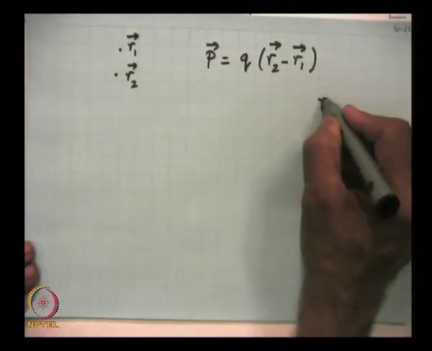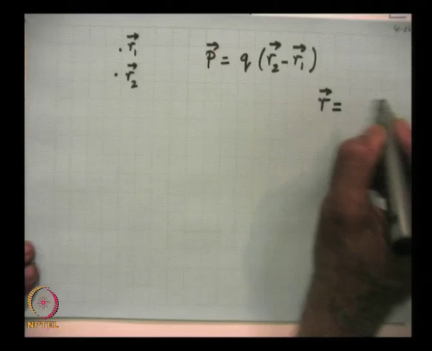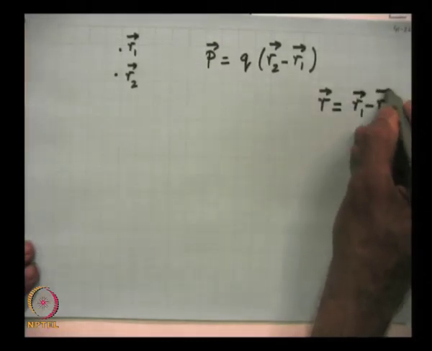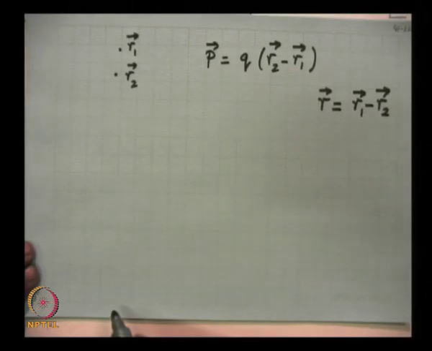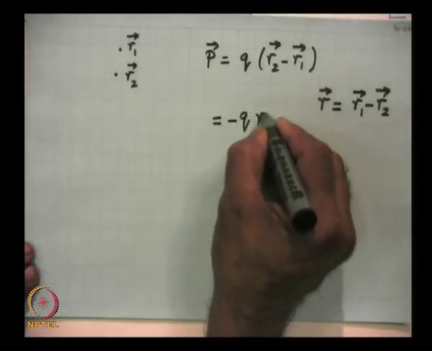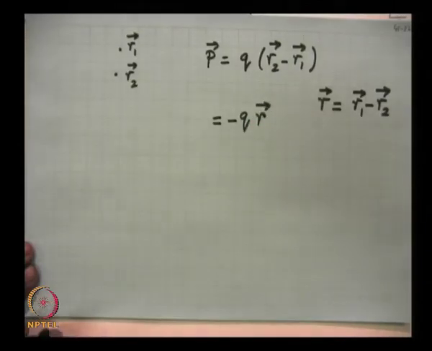So, if I write down the relative vector of the electron with respect to the proton, this is the relative coordinate that we had introduced while solving the hydrogen atom problem. So, this will be minus q r, this is the dipole moment of the hydrogen atom.